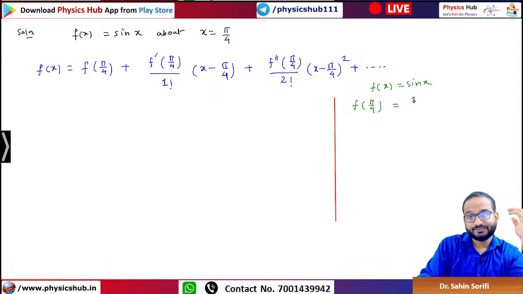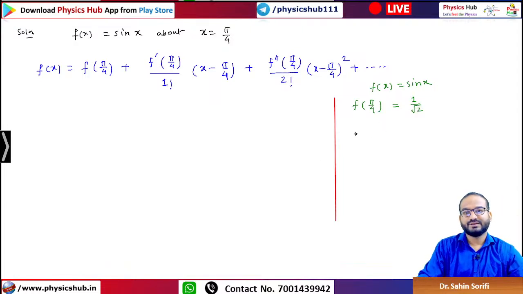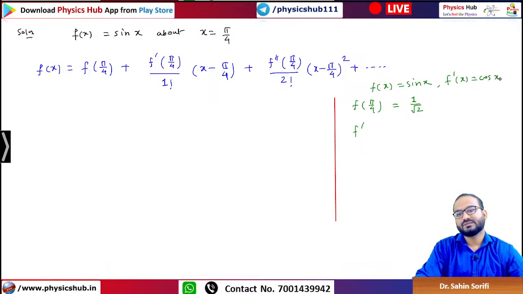So it is 1 upon root 2, right? Now f prime of x is equal to cos x. So f prime at pi by 4 is again 1 upon root 2. f double prime will be minus sin x.